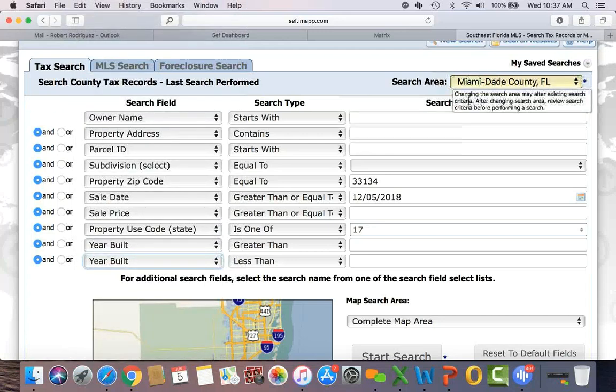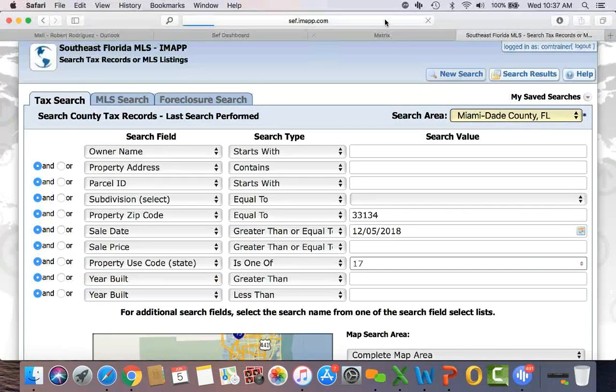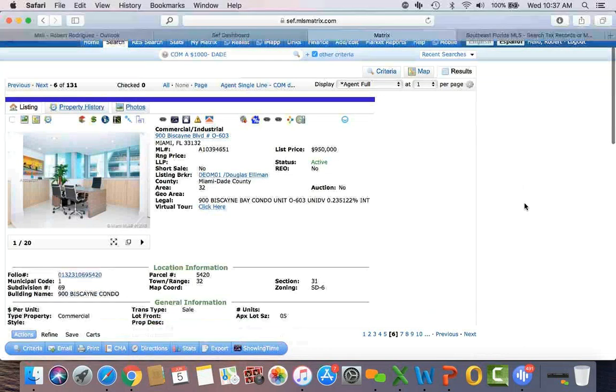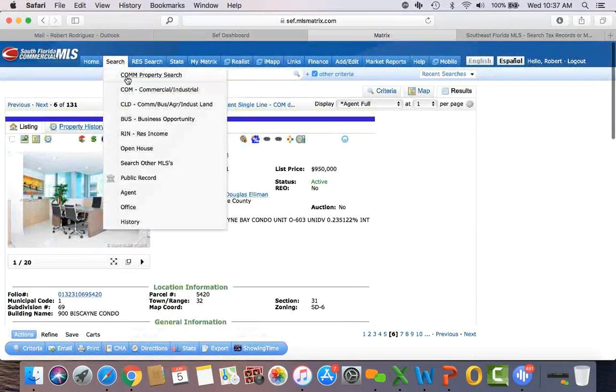Okay. Now, let's go back to Matrix and let's study one of these properties. And let's see the return on your investment on one of these properties using a program we have called RealDAX. This is part of our commercial MLS training course to learn a little bit about the RealDAX program.